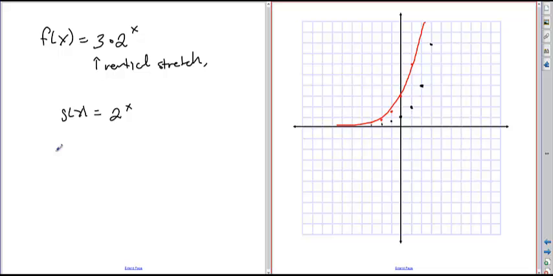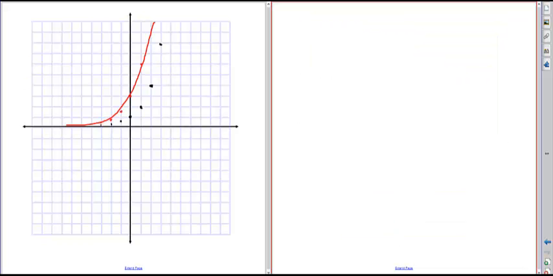Now let's look at the horizontal situation. So there we would have something like, let's use g of x again, 2 to the 2x. So the multiplier is in the exponent. What does that do?